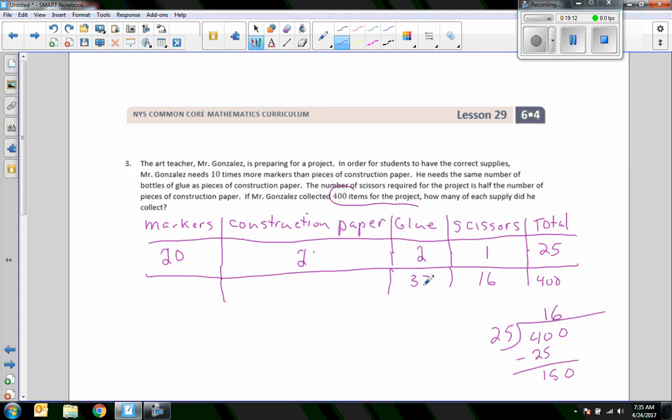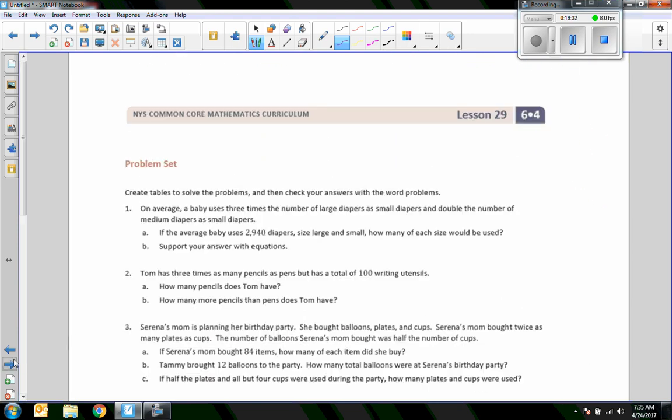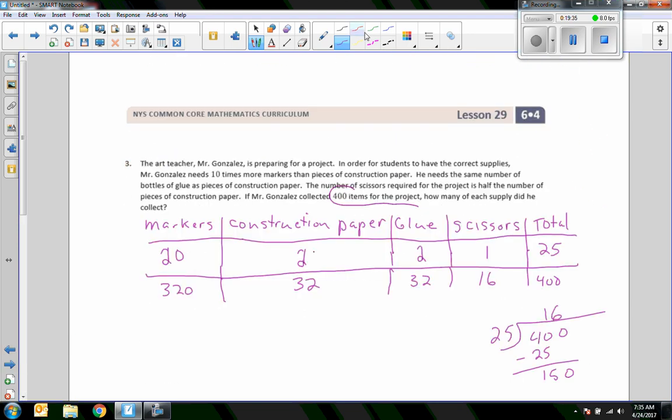Double 16 is 32. 16 times 20 is 320. 320 plus 32 is 352, plus 32 is 384, and 16 is 400 items. Okay. Last example.